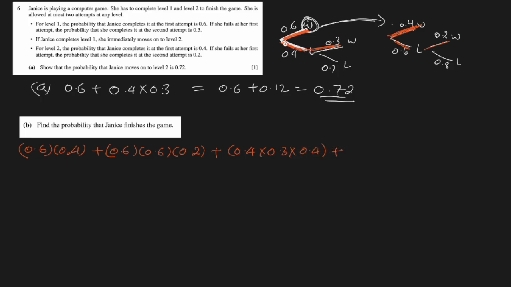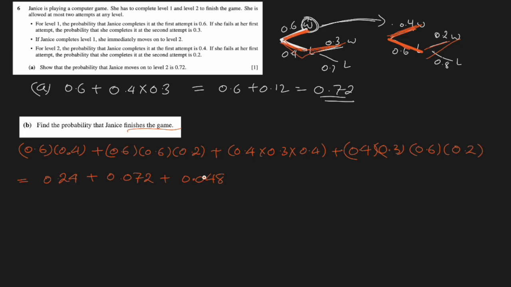And finally, she loses the first game in both attempts. So it comes out as 0.4 times 0.3 times 0.6 times 0.2. These are the 4 ways she will finish the game. So it will be how much? 0.24, 0.072, 0.072, 0.048.